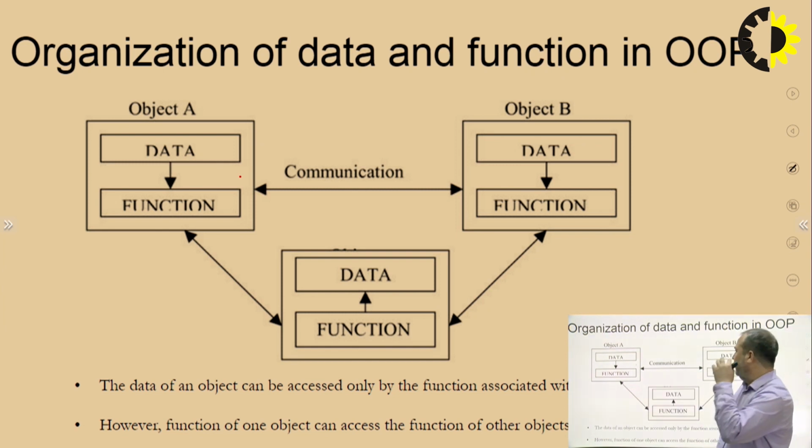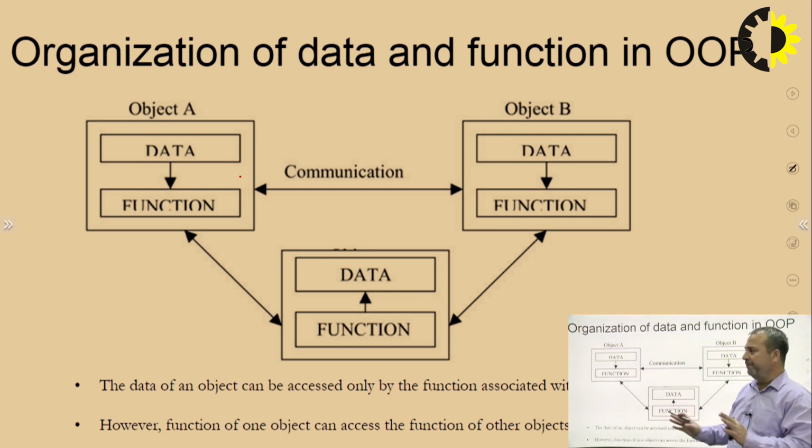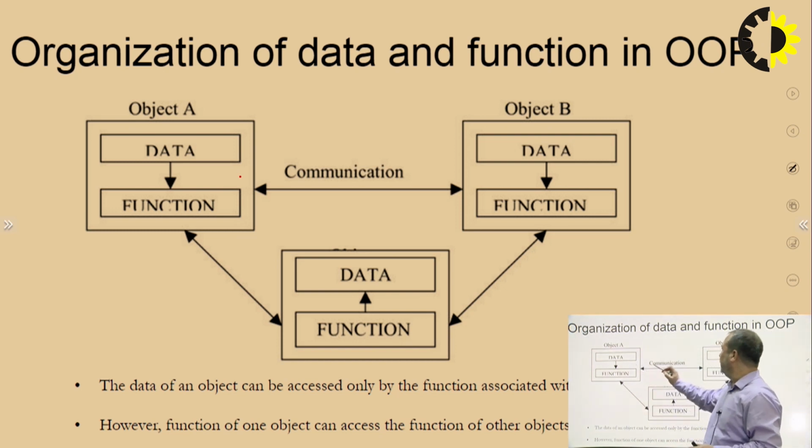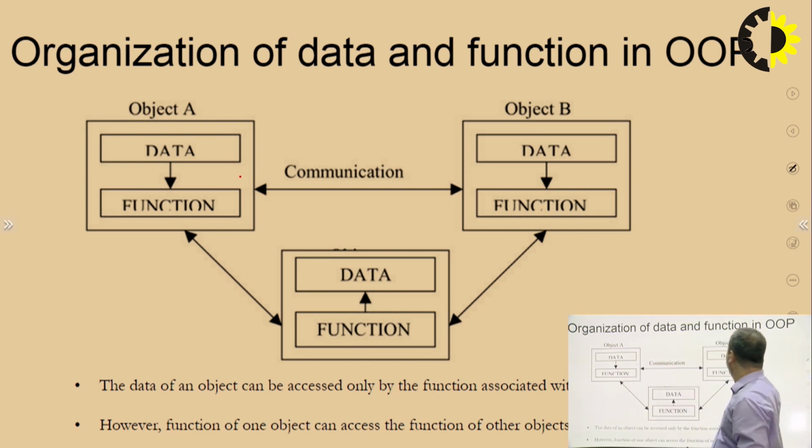So we can see that data and functions of the object are tightly bound, right? The data does not just communicate with the object directly. If data is to be communicated, it can be communicated only between the objects, right?